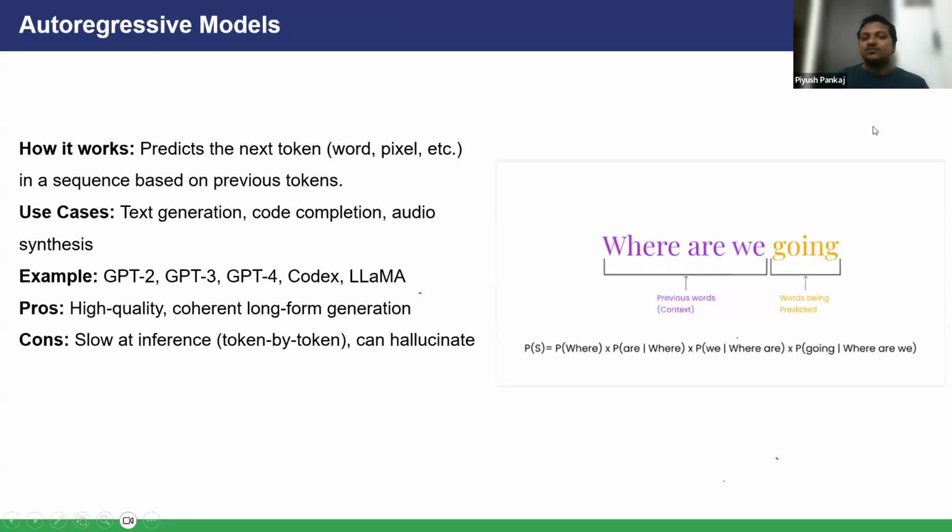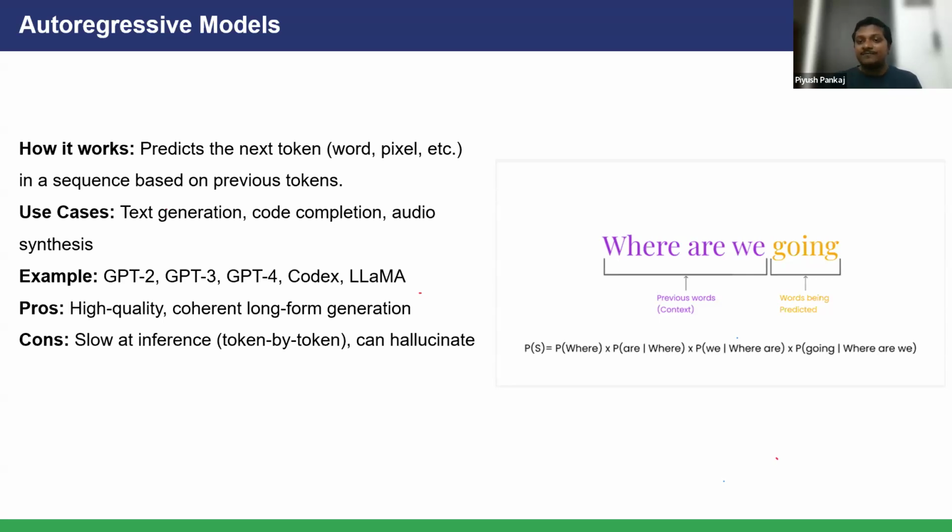Now, most of the tools you are using are autoregressive models. What they try to do is predict the next token. What is a token? A token is the entity on which your LLM, that model, works. You give some tokens, and based on those tokens it tries to predict new tokens.